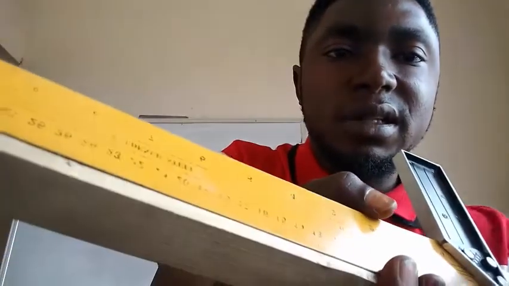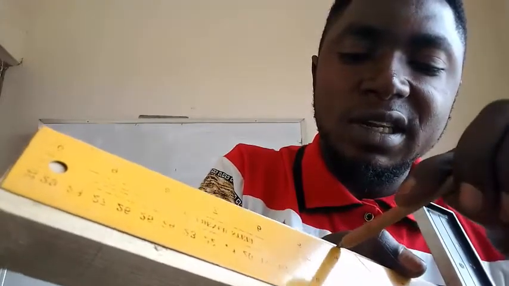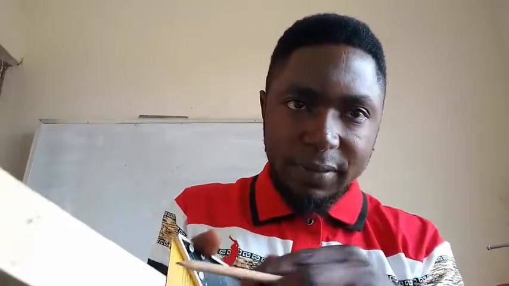Now, I also say it is used for taking dimension. You can place it here and take your dimension where you want it after identifying your point, and then you can now put it this way, and then draw the line.